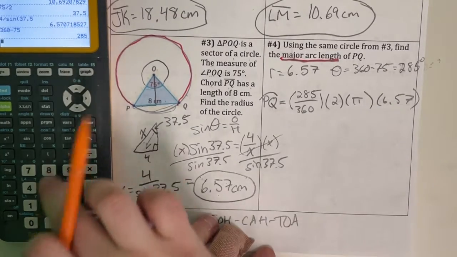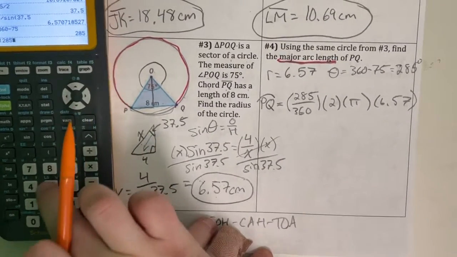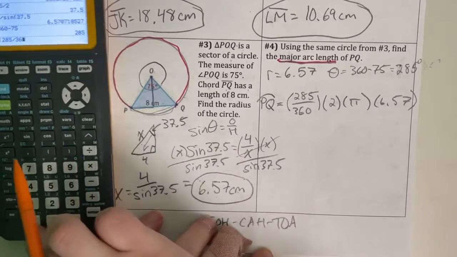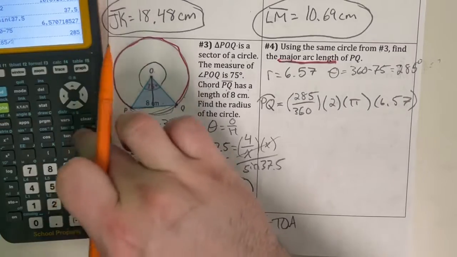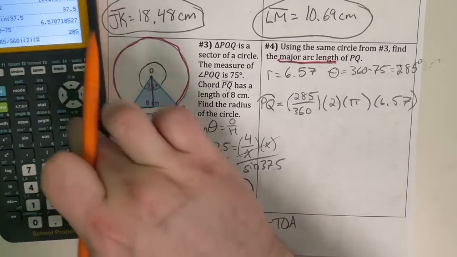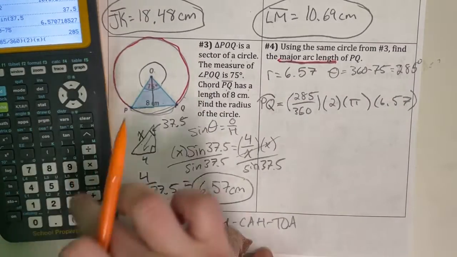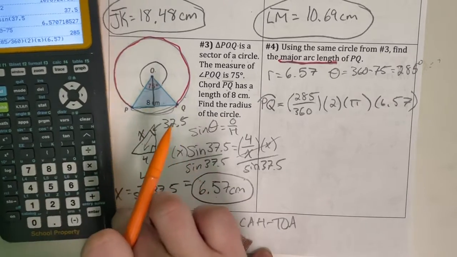Make sure you plug in your values exactly as they look. So I have 285 divided by 360, times 2 times pi, times that 6.57, which is our radius.